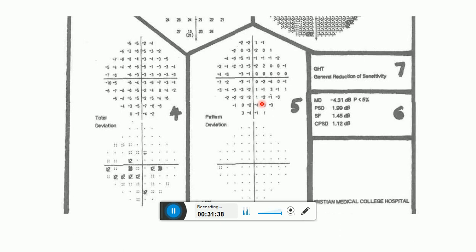The pattern deviation plot is also provided as a numerical plot as well as a probability plot. We generally look at the probability plot. We try to look for abnormal points in a cluster. The low probability symbols don't matter as much as abnormal points in a cluster in an expected area.